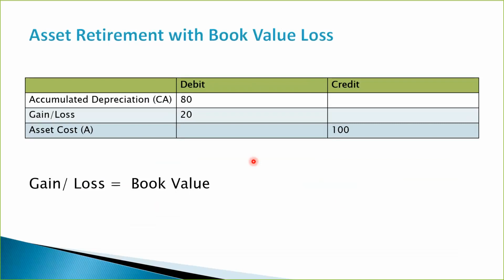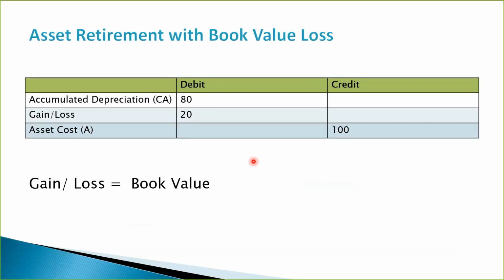So before it has been fully depreciated, sorry. So it's stolen before it's fully depreciated. So you have to retire it, remove it off your books because you're not going to recover that vehicle. But you have incurred what we are calling a book value loss. Why?